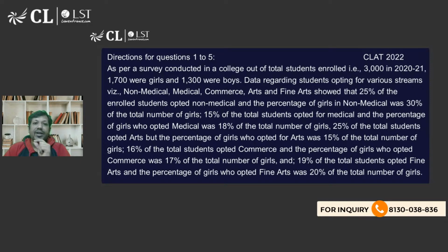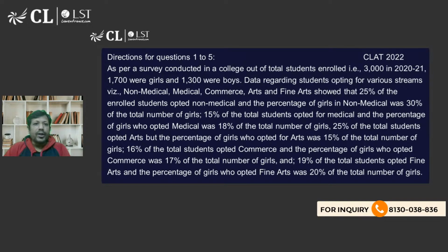So, as per a survey conducted in a college, of the total students enrolled, that is 3,000 in 2020 and 2021, 1,700 were girls and 1,300 were boys. So that's what is given to us. The data regarding students opting for various streams, non-medical, medical, commerce, arts, and fine arts, showed that 25% of the students opted for non-medical, and the percentage of girls in non-medical was 30%.